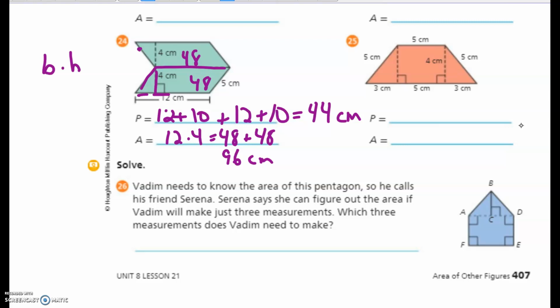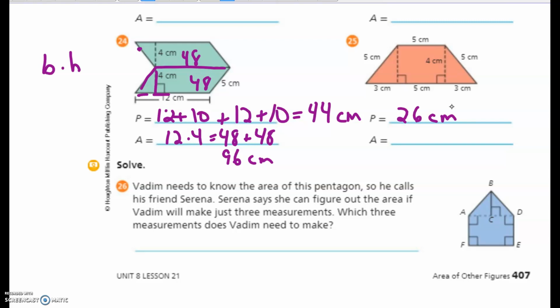But I'm going to take a moment here and I want you to figure out the perimeter. All right, I hope that you came up with 26 centimeters.